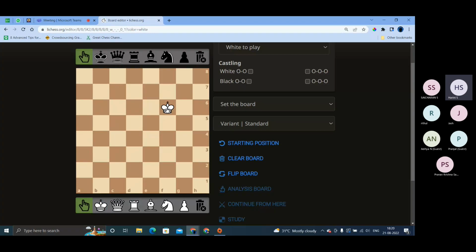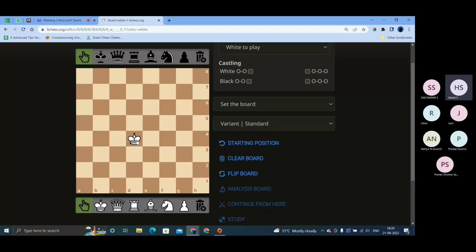This is the easy way to reach there. You can also go like this or like this, one step at a time, but to reach here in two steps is very easy, because the king can travel one step diagonally, right? So it is going here and here.